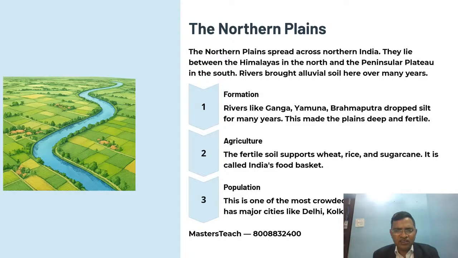Then agriculture: due to the Ganga, Yamuna, and Brahmaputra, this fertile land grows wheat, rice, and sugarcane, and it is called India's food basket. Then population: the northern plains are among the most crowded regions in the world, with major cities like Delhi, Kolkata, and Patna.